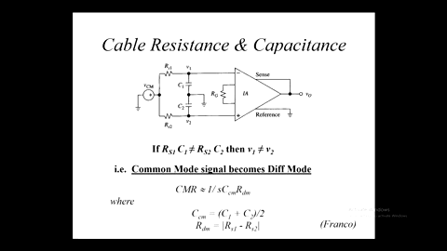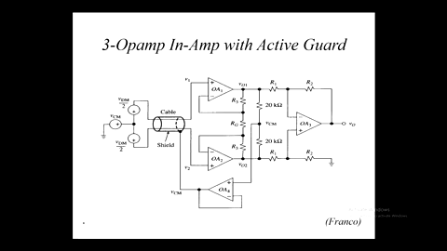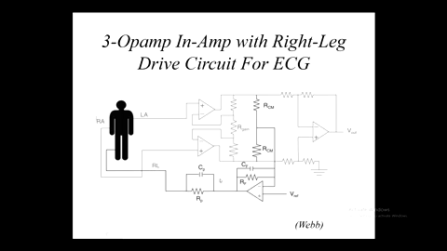But can you see that this is sort of opposite in a way? We've got a unity gain non-inverting buffer here. And here we've got an inverting amplifier. So this is putting an opposite polarity signal out to be subtracted away from the common mode signal here.